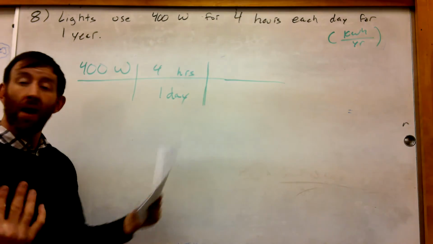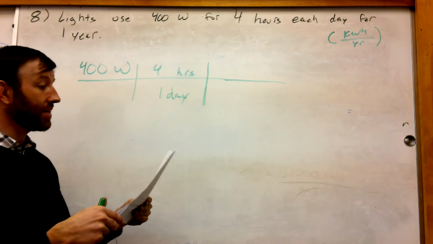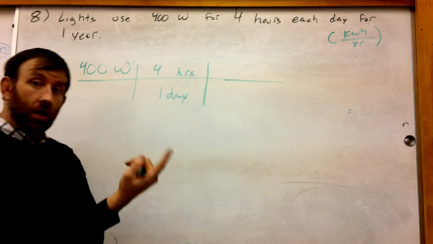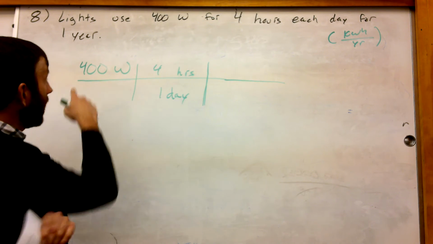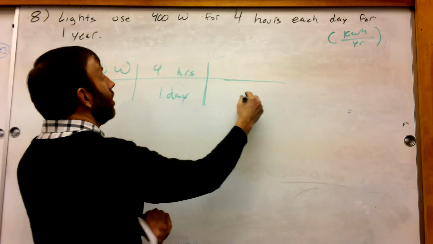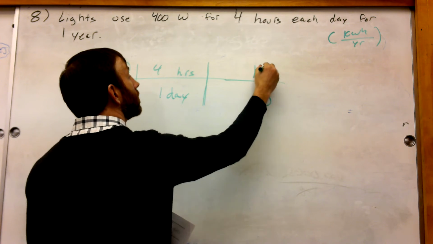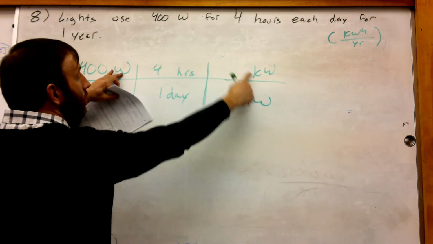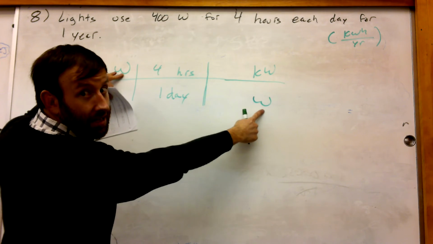It doesn't matter which conversion you do first. I'll go ahead and do the watts to kilowatts because that's an easy one. The prefix kilo means 1,000. If I want to get out of watts into kilowatts, I have to put the watts on opposite sides of the fraction.